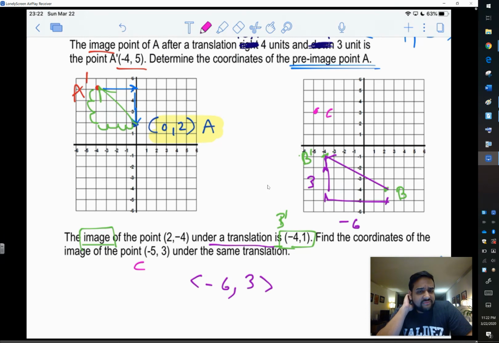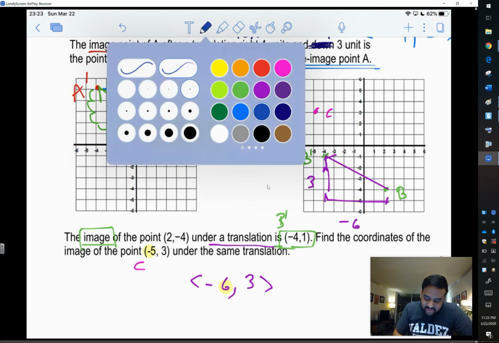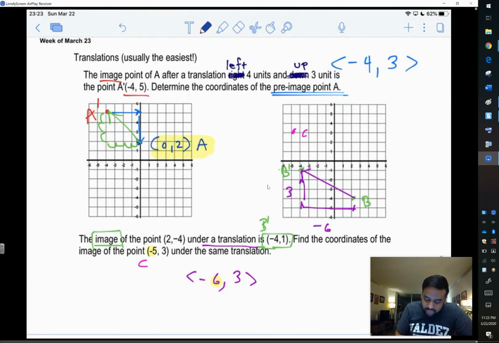So if I'm going left 6 from -5, I should end up at, right, -11, because I'm taking away 6. I'm basically adding these numbers together, right? This is the same idea of adding vectors, or similar to adding vectors from before. So this would be -11. And then the y value was 3.